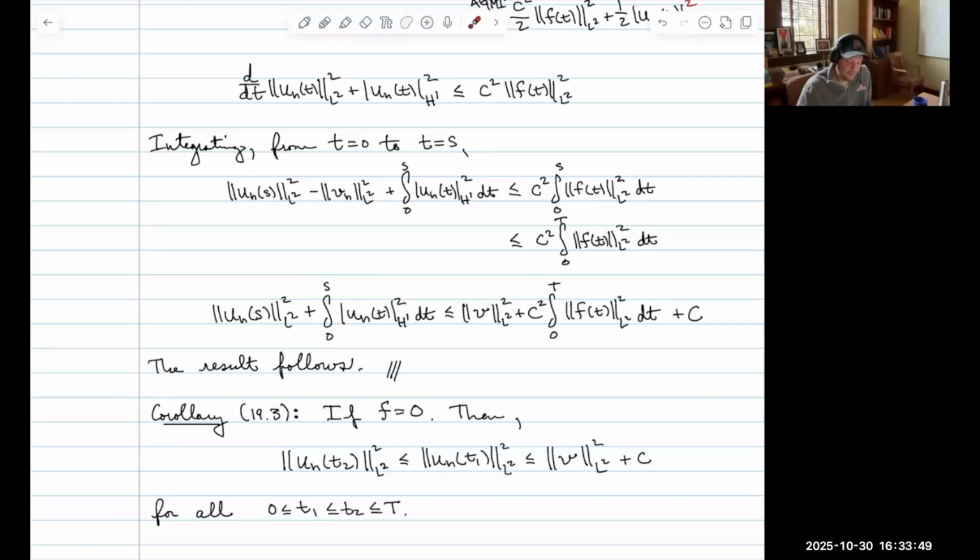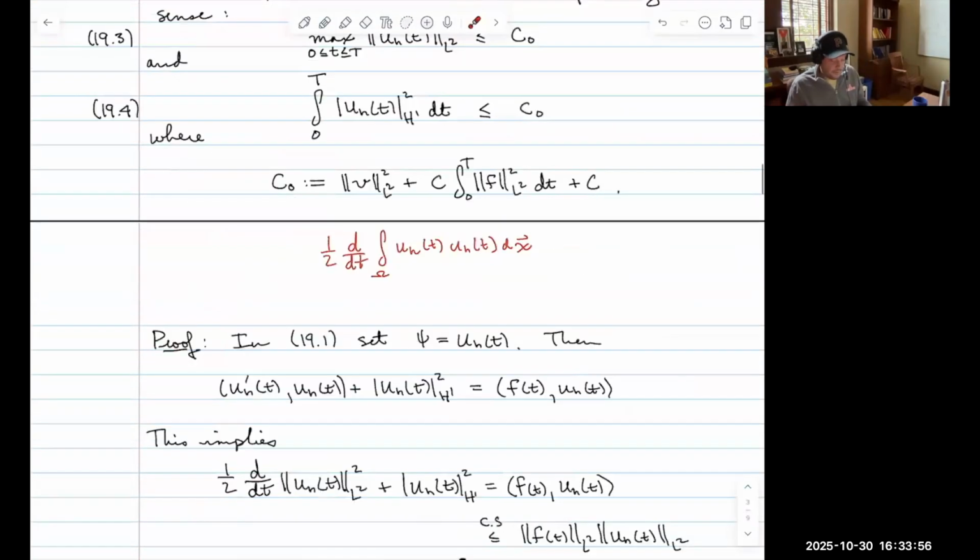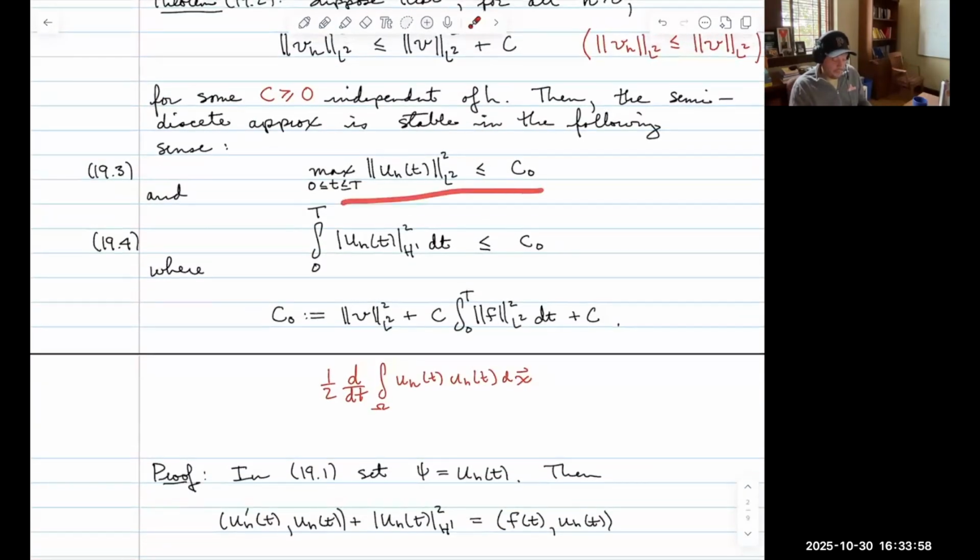It's bounded above by this term, which is completely independent of S. So that's how I achieve the first and the second bounds.